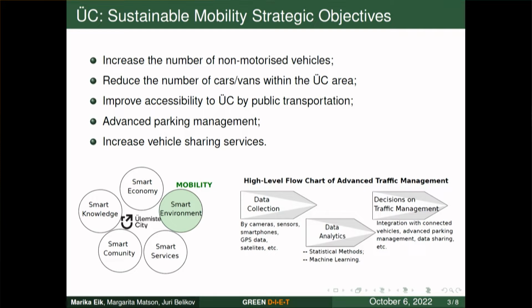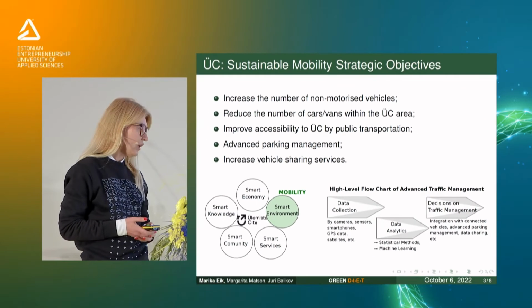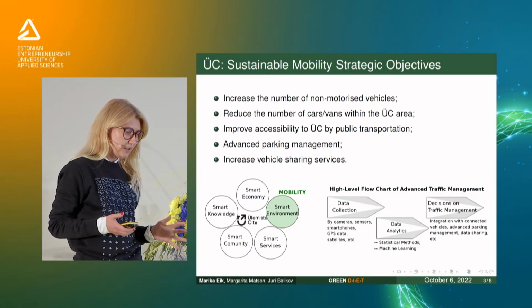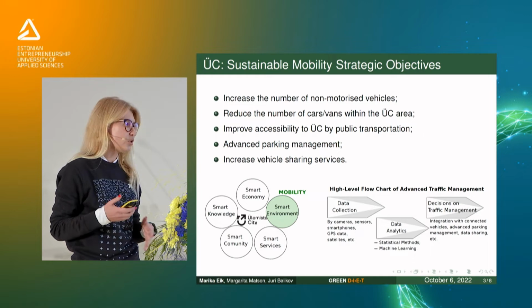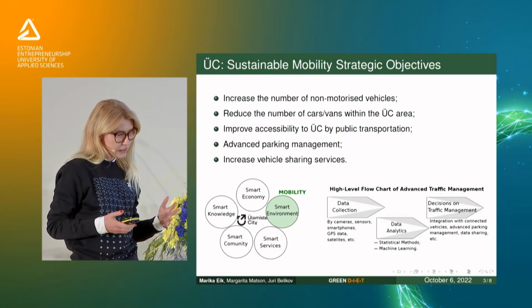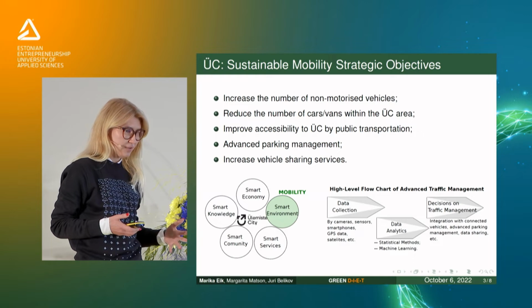This is a very hot topic at the moment. Within the environmental panel, there is mobility, and the mobility is related to traffic modeling. And it has its own strategic objectives.